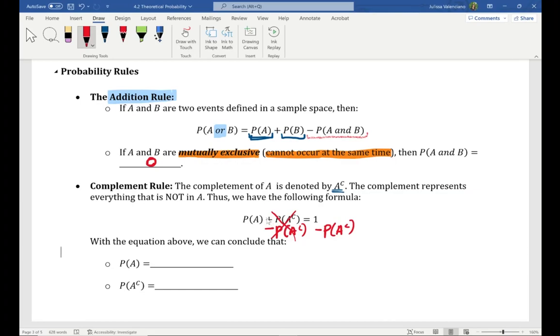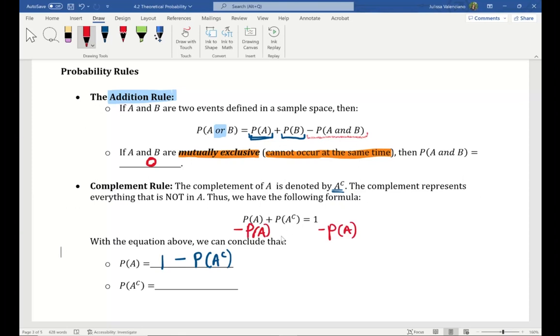So here on the left, if I subtract by the probability of the complement of A, I'm going to be able to cancel this sum by P of the complement of A. If I go ahead and do that, we're going to have P of A by itself on one side. On the right-hand side, we're going to have 1 minus the probability of the complement of A.